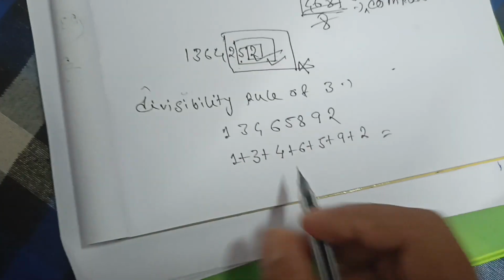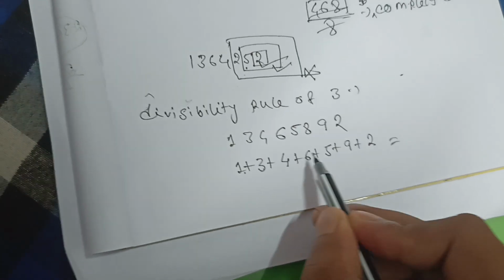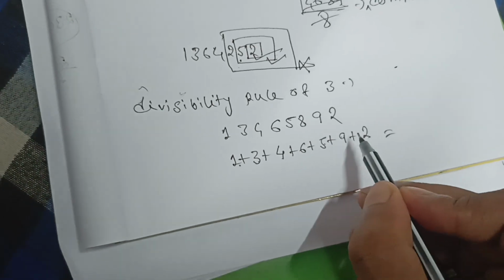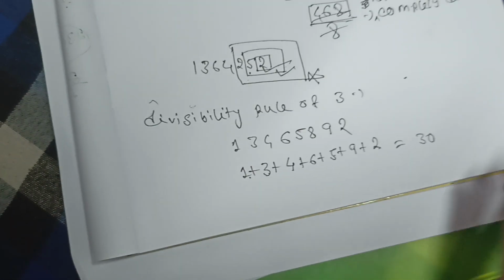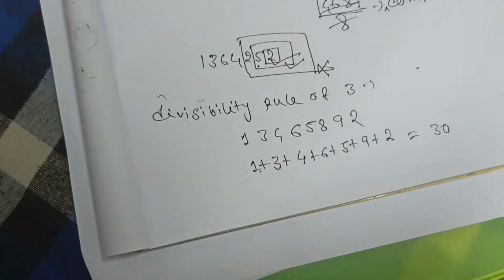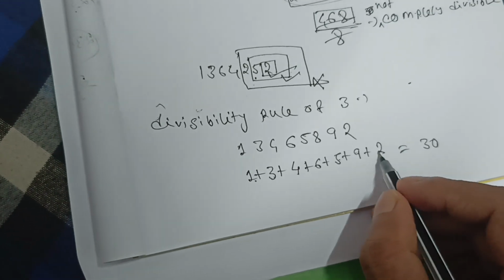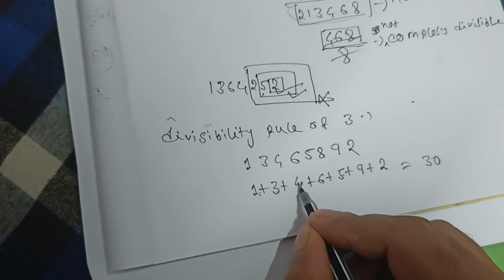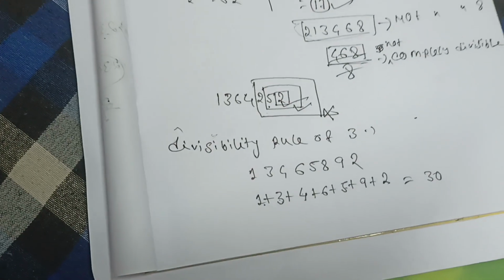So what will we get? 1 plus 3 is 4, 4 plus 4 is 8, 8 plus 6 is 14, 14 plus 5 is 19, 19 plus 9 is 28, 28 plus 2 is 30. Okay, we are checking again: 2 plus 9 is 11, 11 plus 5 is 16, 16 plus 6 is 22, 22 plus 4 is 26, 26 plus 3 is 29, plus 1 is 30.